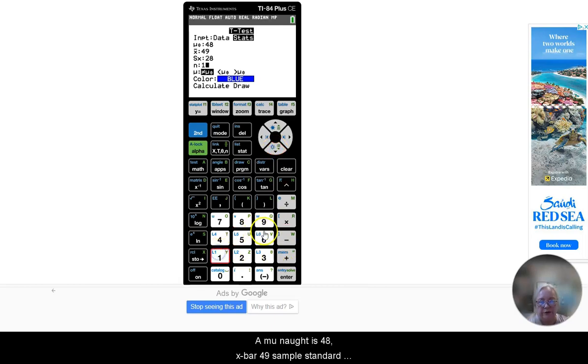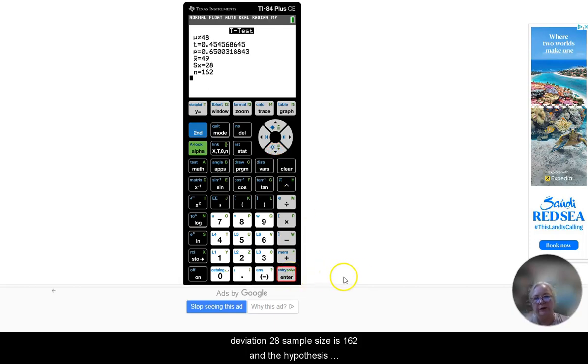Sample size is 162, and the hypothesis is H naught mu equals 48, and H1 mu is not equal, so we choose this one. And then we calculate. So we calculate, and we get the value of T, 0.4545686645.